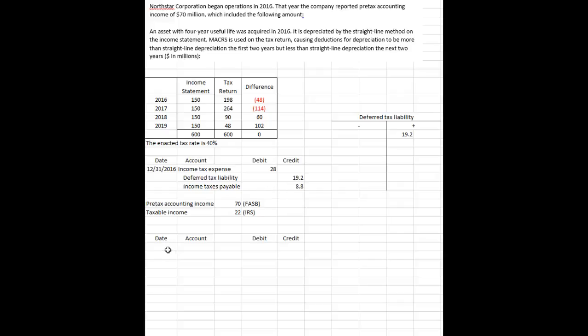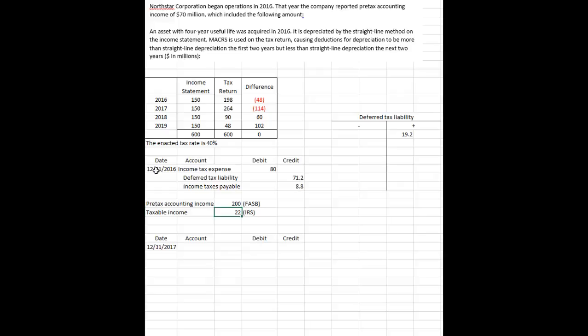One more year goes by, it's 12/31 of 2017, and you can see that we've still got a temporary difference. The difference actually increased this year because of the MACRS depreciation rule, and we're told in the problem that the pre-tax accounting income now is 200 million.